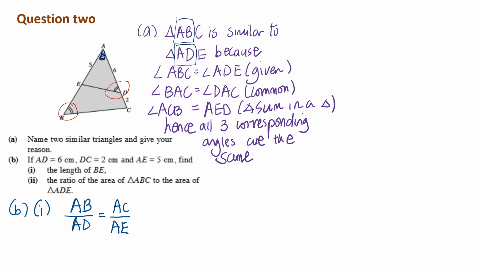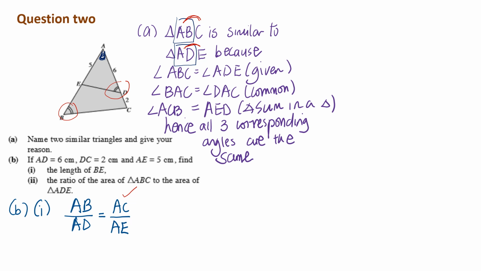That means I can compare the ratios of AB with AD, and then AC will correspond to AE. So the important thing is to arrange it such that the corresponding angles are the same. After that, the rest is easy.